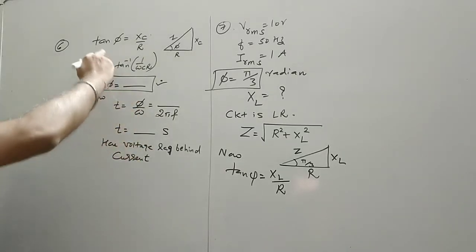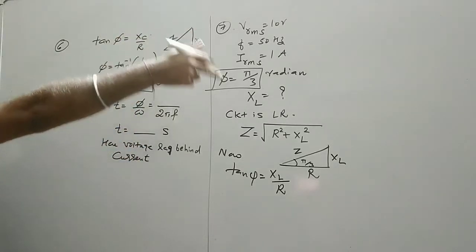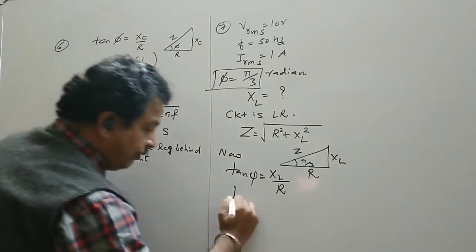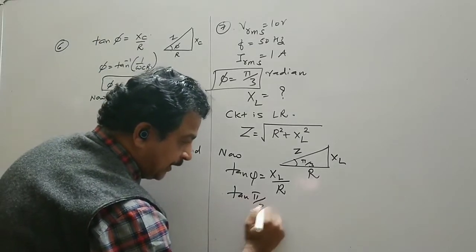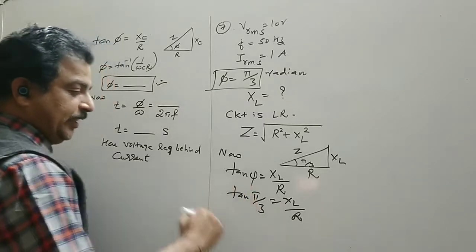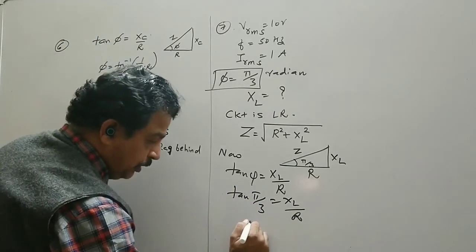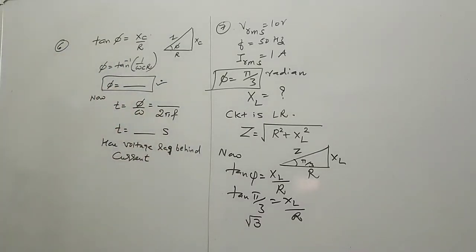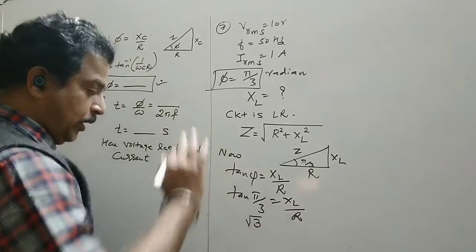The circuit is LR, so we write tan phi is equal to XL upon R. Now tan of pi by 3, that is tan of 60, is equal to XL upon R. Tan 60 is root 3.